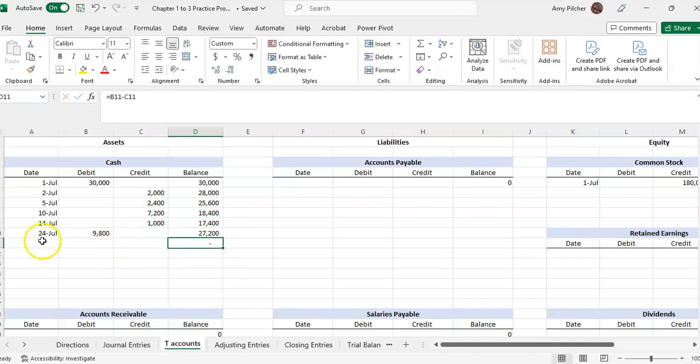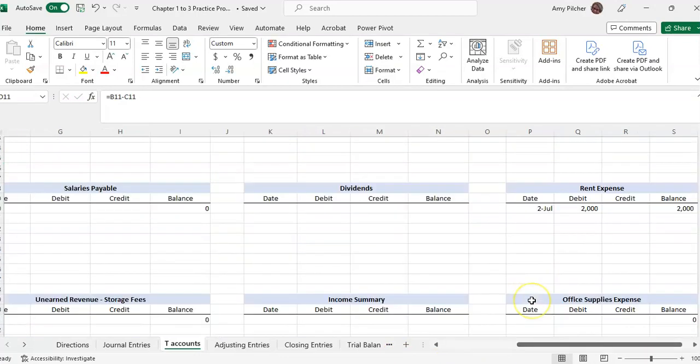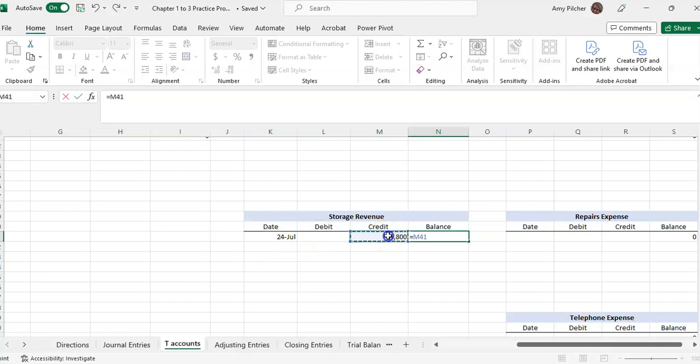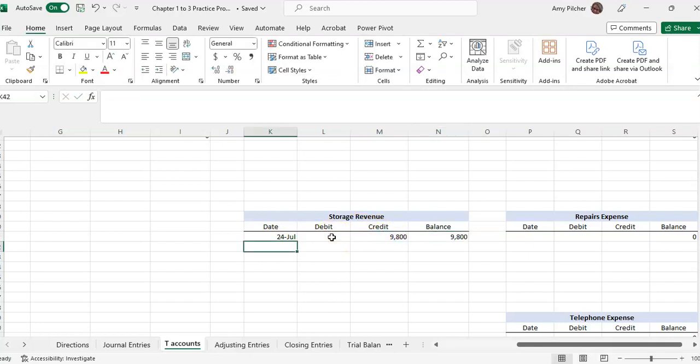And we have our new balance. And we have our first revenues we're recording on July 24th of 9,800. So we have a normal credit balance. So that balance is going to be credits minus debits.